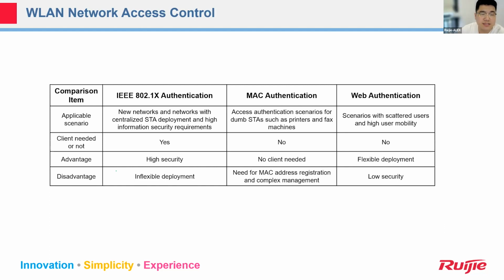Okay, so you can see here, yes means we need a client, we need a software. The advantage of it is that it has higher security. And the disadvantage is the deployment is not flexible. So it's more suitable for scenarios where we want to access the company's network.